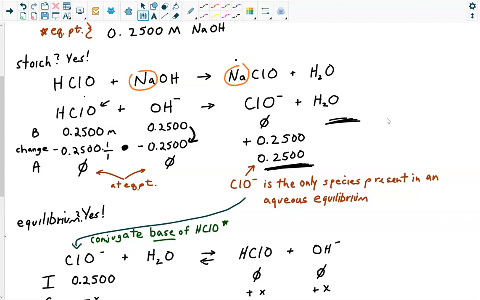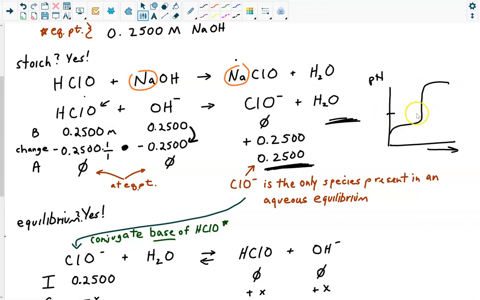Thinking back to the titration of weak acid versus strong base, this is going to be the point in the titration, right? Here's your pH. This is the amount of NaOH added. It's going to be like this. And this was pH 7, right?